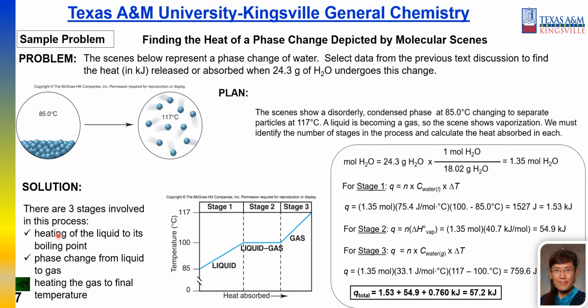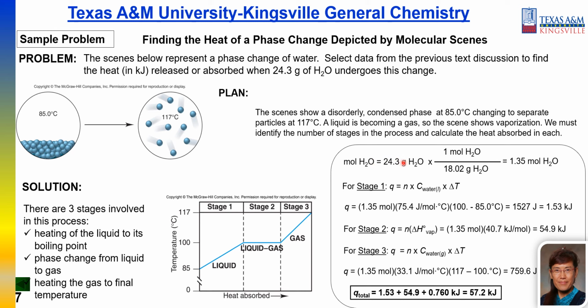Stage 1, your liquid water heating, the temperature increasing of your liquid. Stage 2, your phase change occurs from liquid to gas. You call it vaporization. Stage 3, your heating of the gas to the final temperature, in this case from 100 Celsius to 117.